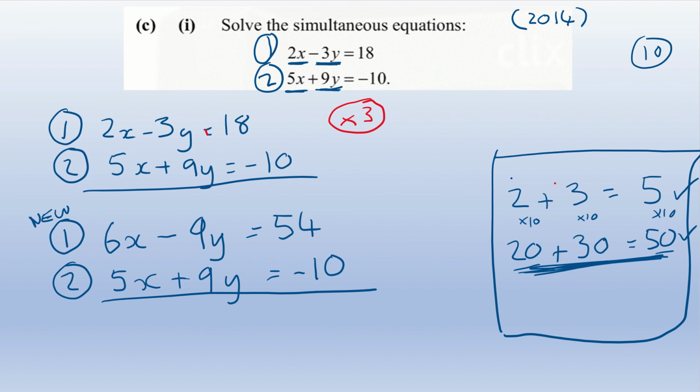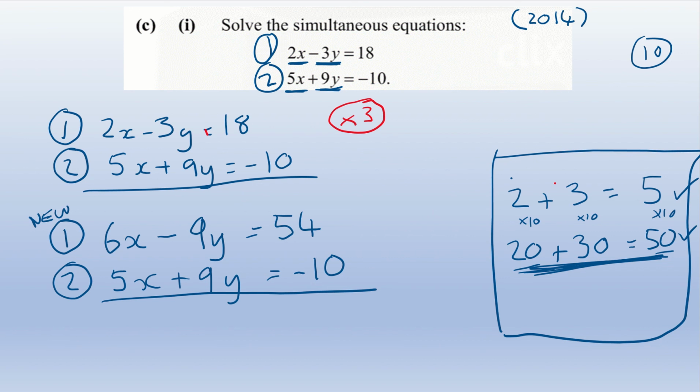So we're going to attack that next. But getting to this step is probably the hardest part of it. Just to recap, we multiplied our equation number 1 by 3 in order to match up the 9y in equation number 1 and equation number 2.